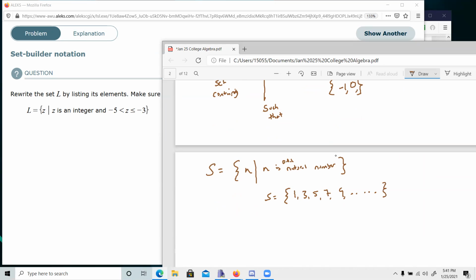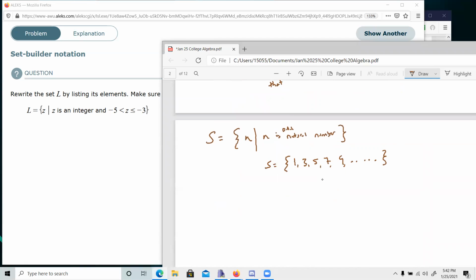You want to list enough points so that people actually understand what's going on. I'm sure you've seen enough Facebook posts where it's like, what's the next element in this sequence? And sometimes it's like, how the heck did you get that?